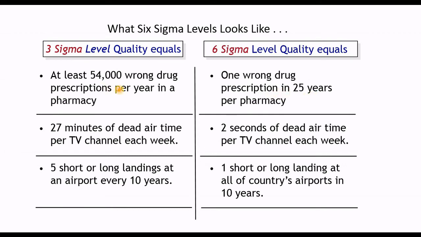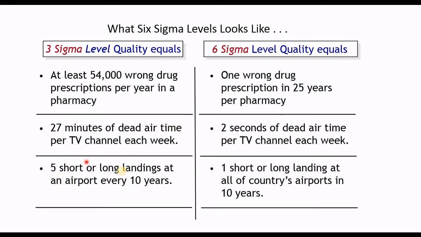Another example: 27 minutes of dead airtime per TV channel each week. If this process is working at a 6 sigma level, it will have just 2 seconds of dead airtime per TV channel each week. So from 27 minutes, this goes down to 2 seconds.